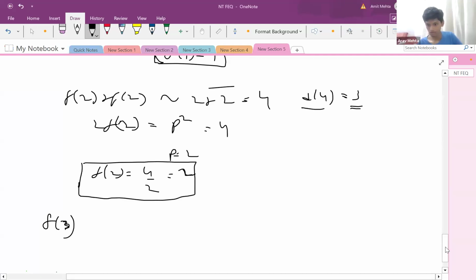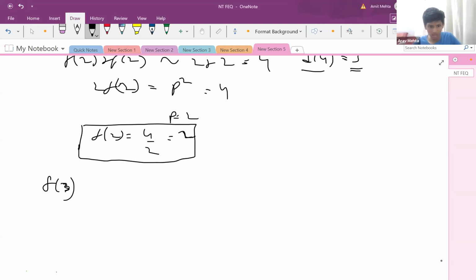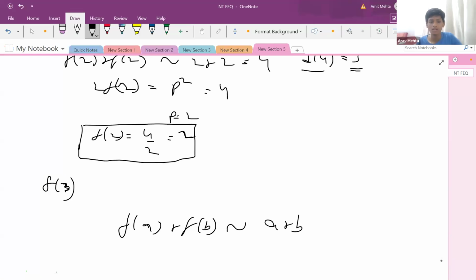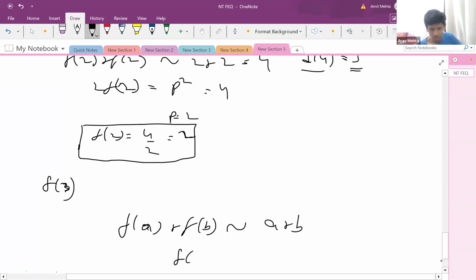Right, so there's a small problem with that actually. We have f of a plus f of b has the same number of divisors as a plus b. You might be saying that you can substitute b as b plus c.